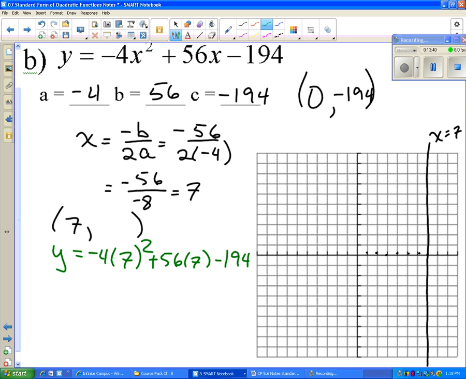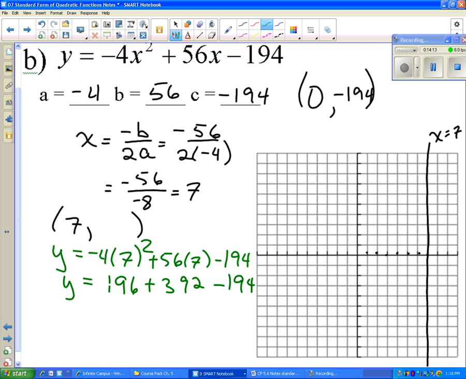So this is going to be y is equal to negative 4 times 7 squared is 196. Plus 56 times 7 is 392 minus 194.